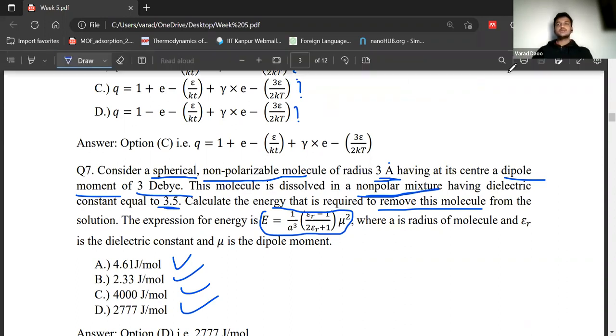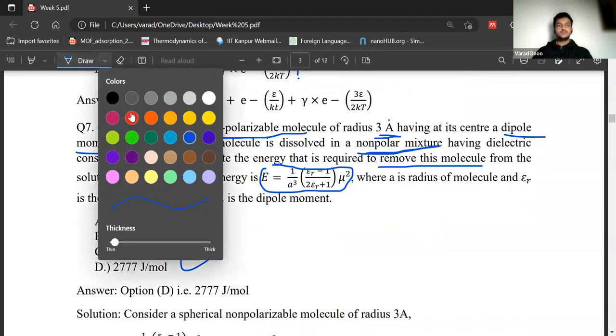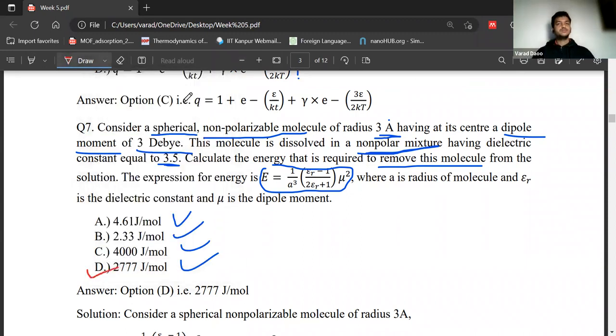Anybody has an answer to this? The correct answer is option D. Anybody got it? Okay, let us discuss the solution.